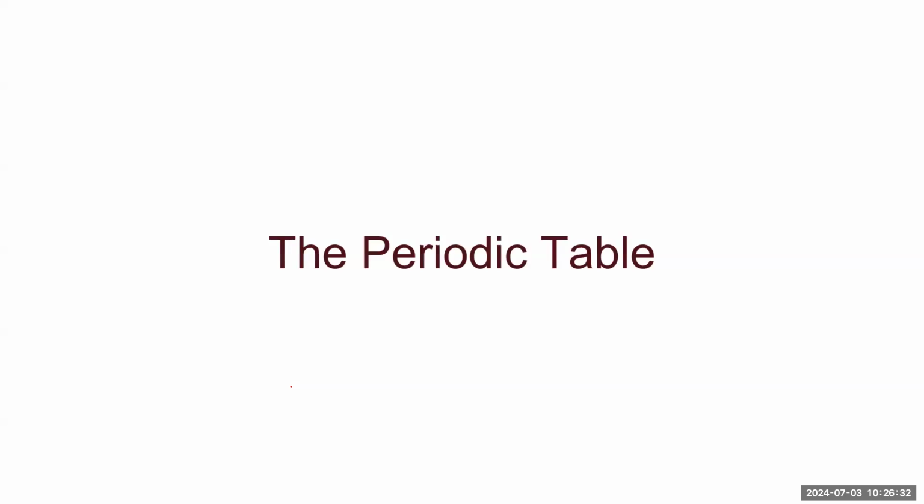The periodic table. Here it is. As you can see, the version of the periodic table that we have in here is actually lacking a little bit. What it's lacking is 4 elements. Those 4 elements on the periodic table are real.